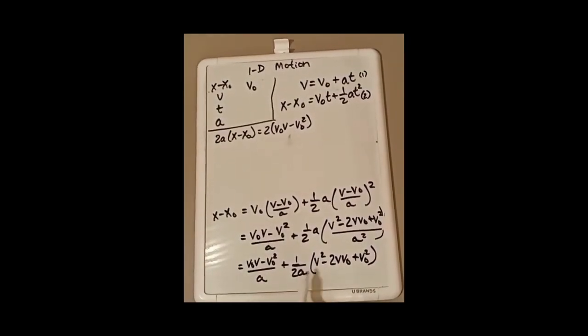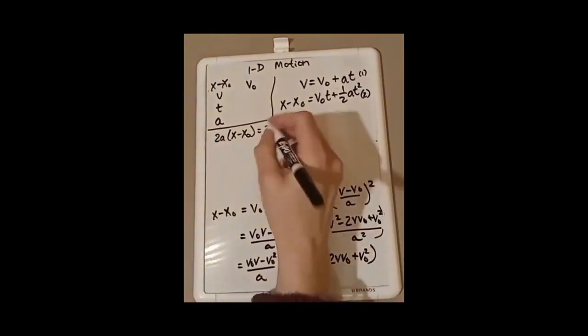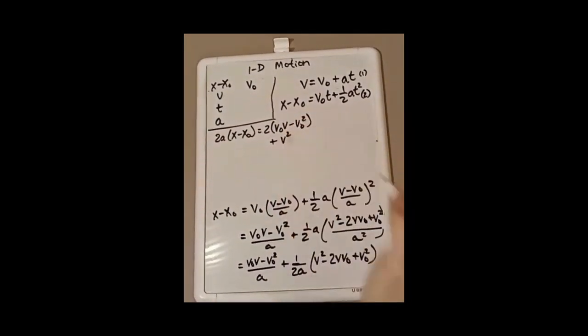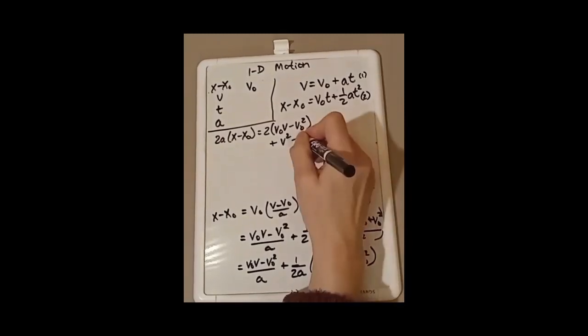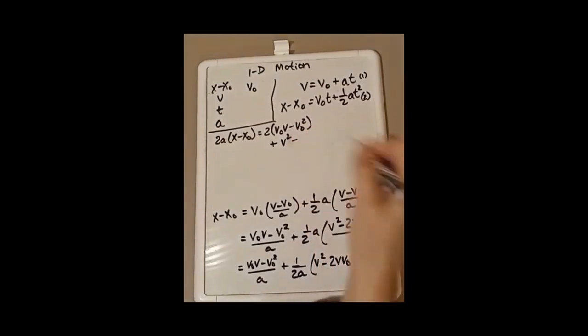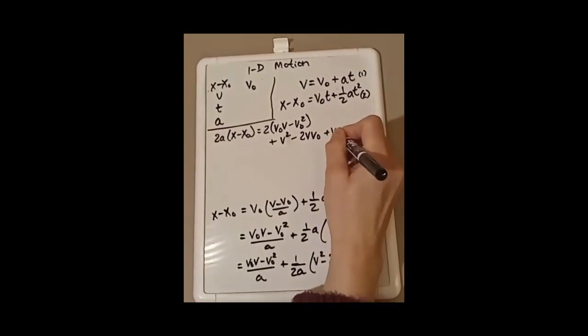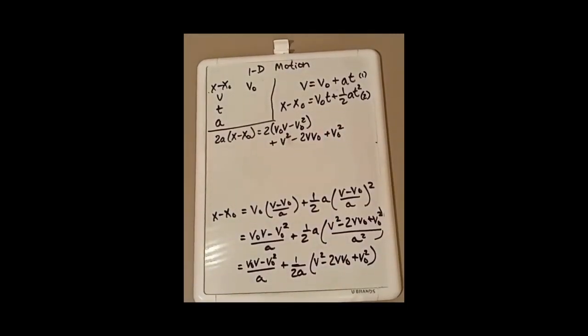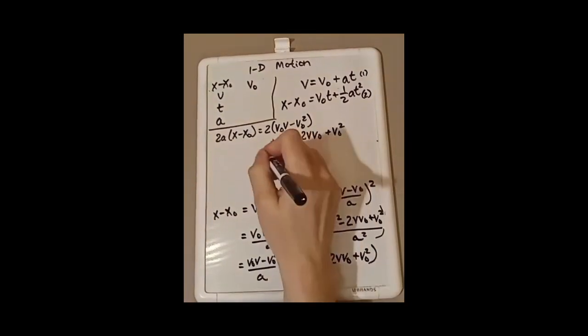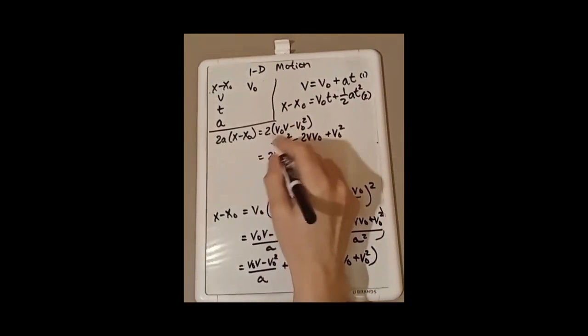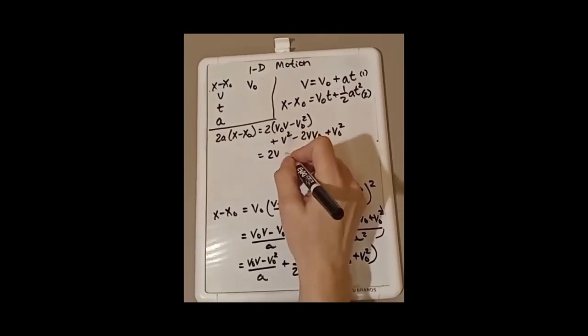And multiplying by 2a here got rid of that coefficient, so then we just have plus v squared minus 2 v v naught plus v naught squared. I'm just going to distribute that 2 in that first quantity.